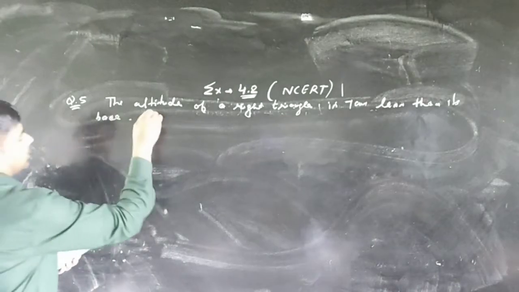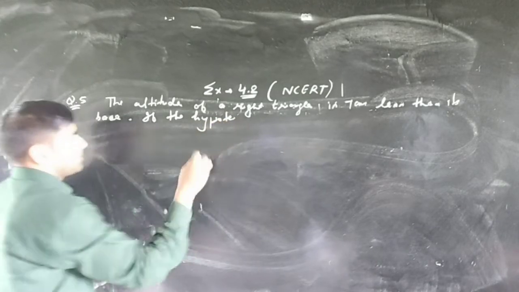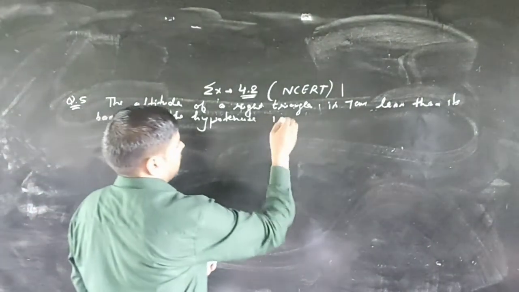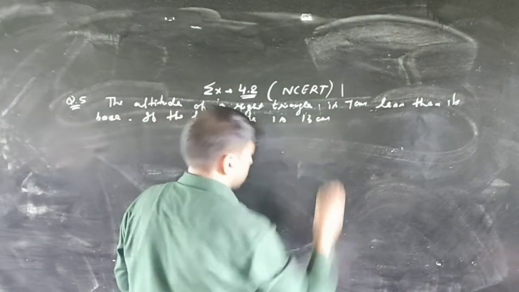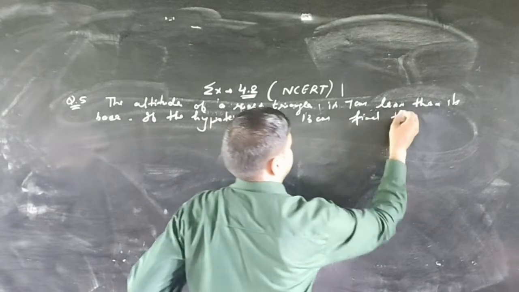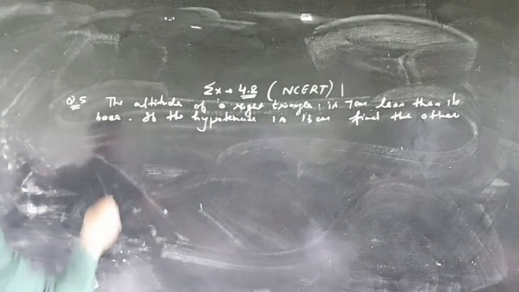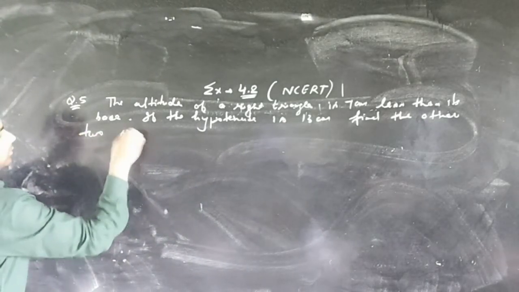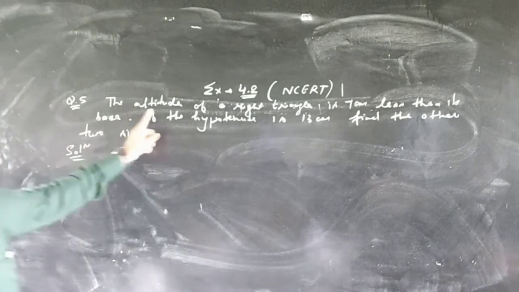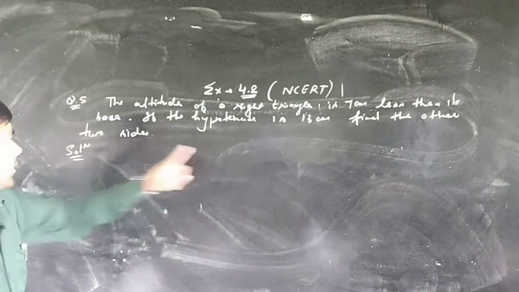If the hypotenuse is 13 centimeter, find the other two sides. Now solution. The altitude of a right triangle is 7 centimeter less than its base.